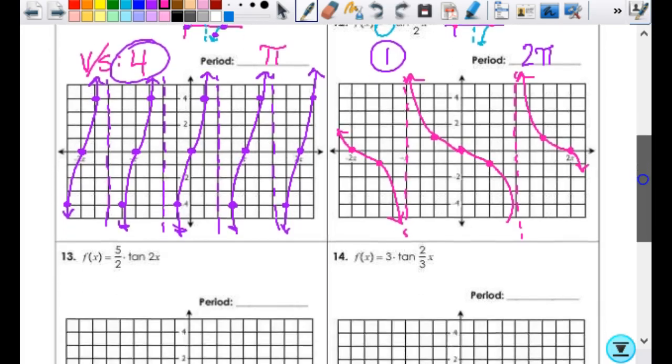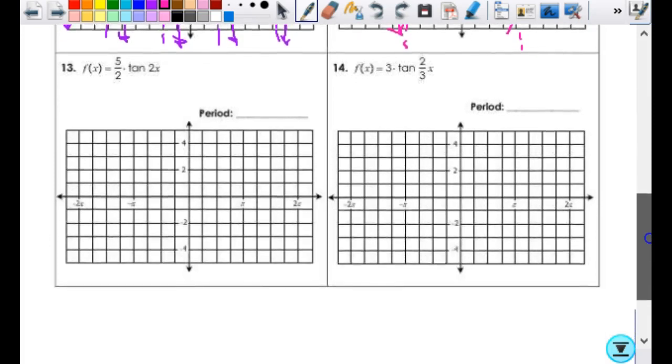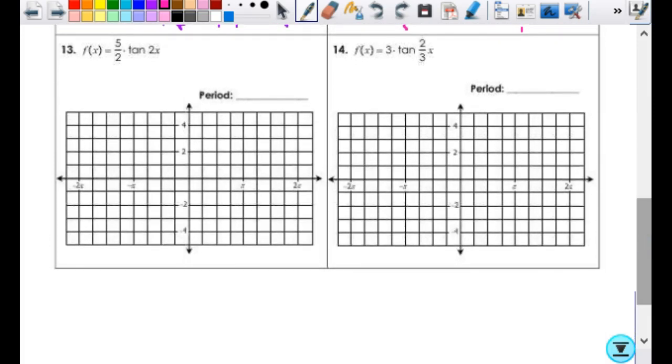All right. Let's try 13. Do I have a vertical stretch or compression? Vertical stretch of 5/2. What is the period? Pi halves. Okay, so here's my parent function.